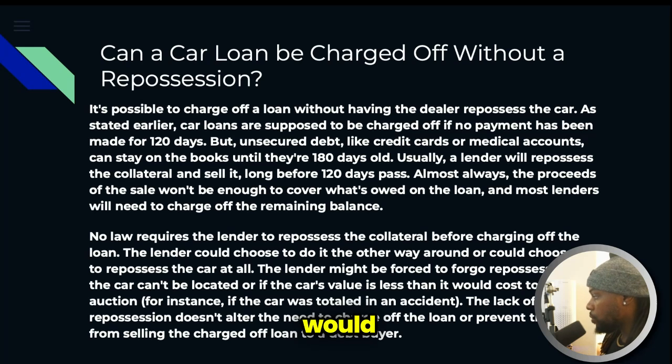So then that would probably, in my opinion, beg the question, can a car loan be charged off without a repossession? So, like I was saying, it's possible to charge off a loan without having the lender repossess the car. As stated earlier, car loans are supposed to be charged off if no payment has been made for 120 days.